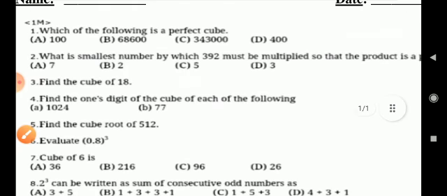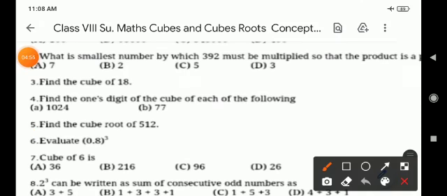Question number 3. Find the cube of 18. So children, we know the cube definition: we multiply the same number 3 times. When we multiply a number 3 times by itself, we say that the number has been cubed and the product is called the cube of that number.